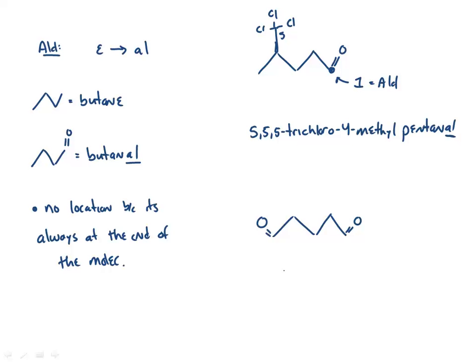Yeah, we're going to have a pentane... oops, that's an A and E, sorry. Pentanedial. And notice, do we need numbers for it? Not really, because there's only one spot that it can really be in.